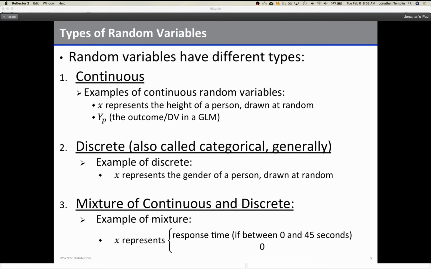Now often there are different types of random variables that we differentiate across. Random variables may be continuous, for instance. So in this case you might have the height of a person from a class drawn at random, or you might have an outcome in a linear model. Something that has a continuous random variable has numbers that can take pretty much any value, and by value I mean certain decimal places.